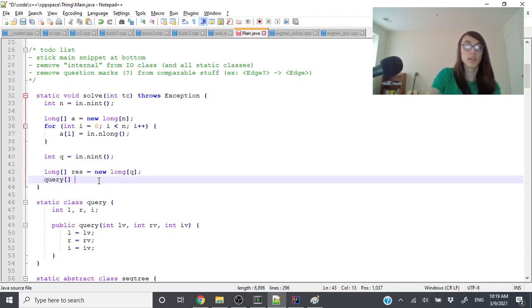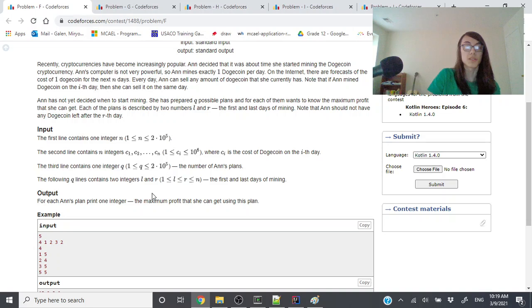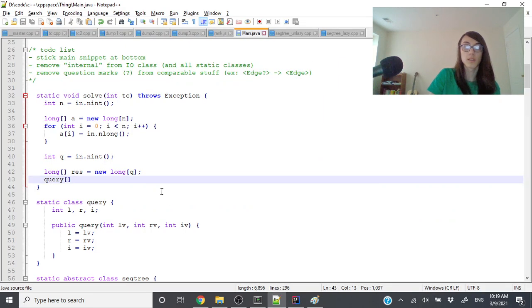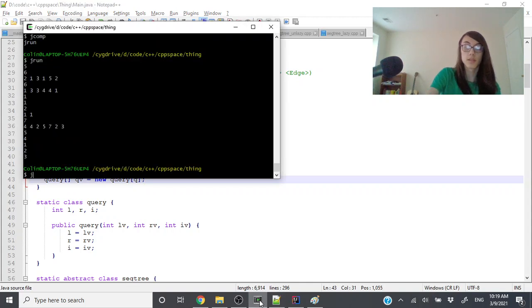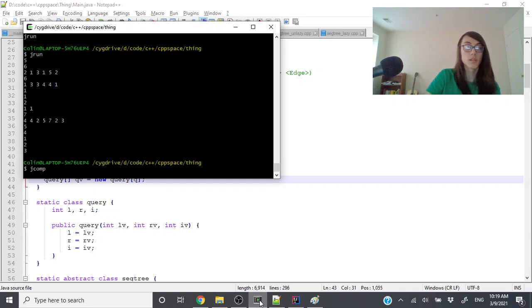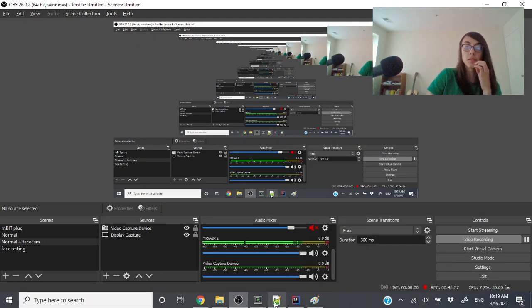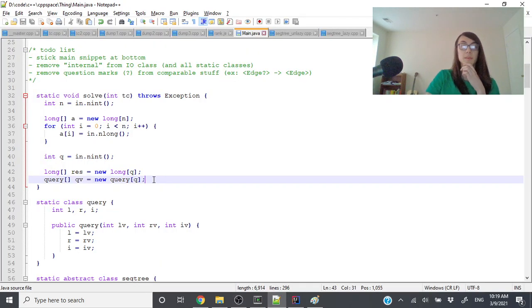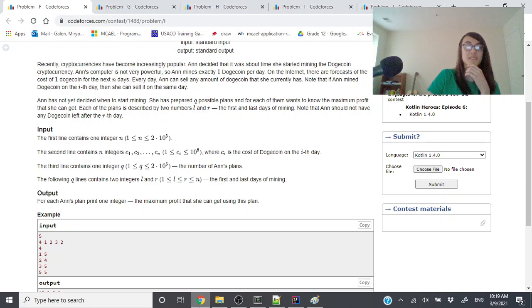So query. Am I allowed to do this? I should, right? Make arrays of objects. Okay, good. I know maybe there was a problem with arrays of array lists or something, but I don't know what it was. There was some issue. I know Java has issues. Maybe it is better to use Kotlin because it doesn't have as many issues, but you know, whatever.